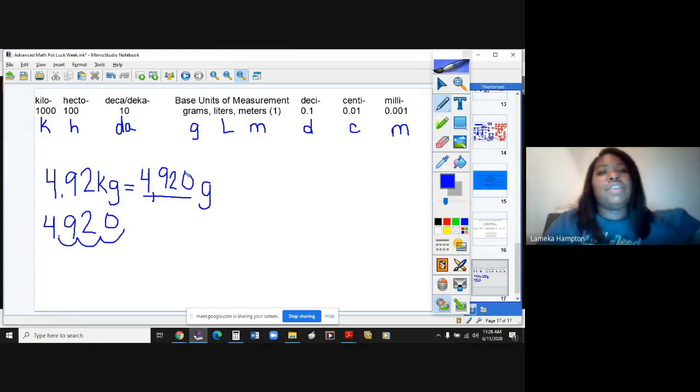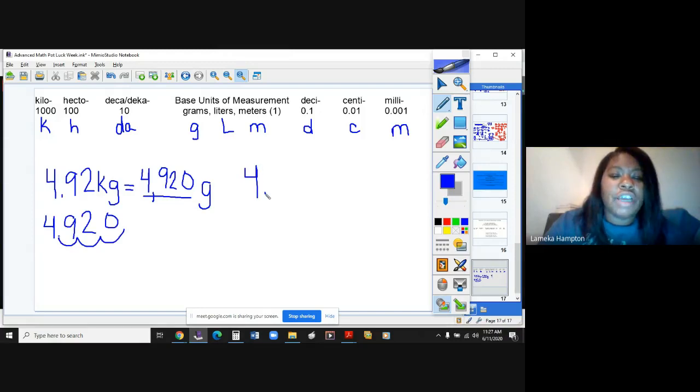Now, as it relates to the mathematical sense of it all, I'm simply going to take 4.92, and because I'm going from left to right, that means I'm technically dividing.